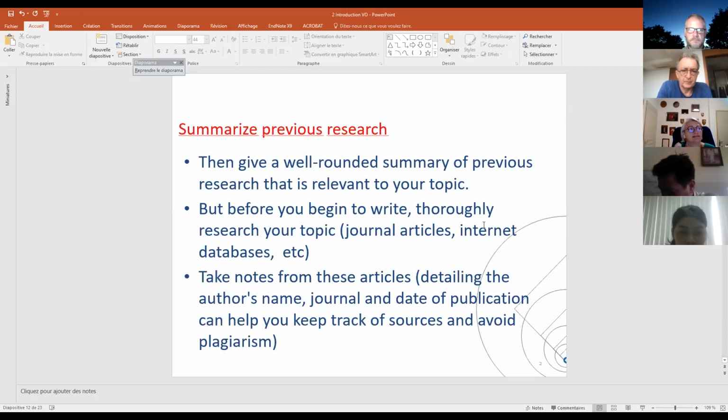Before you write, thoroughly research your topic: journal articles, internet databases. In the health area, you get lots of stuff on the World Health Organization website. There are documents, but be careful what you're citing. Make sure you cite things that have been peer reviewed in one way or another.